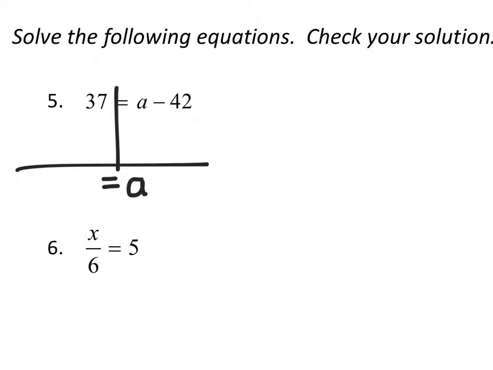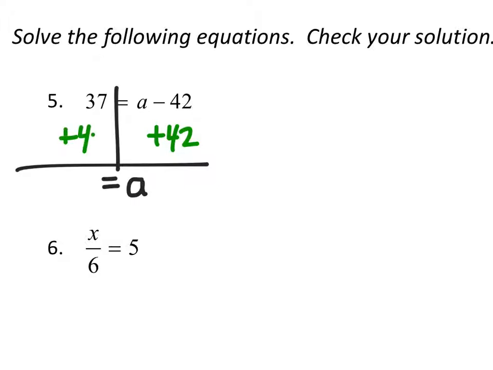I don't want to know what A minus 42 equals. So how do I make that just an A? Yeah, very good. If I add 42 to this, what's negative 42 plus 42? 0. Now, if I do something to one side of the equal sign to keep it balanced or equal, I have to do it to the other side of the equal sign.